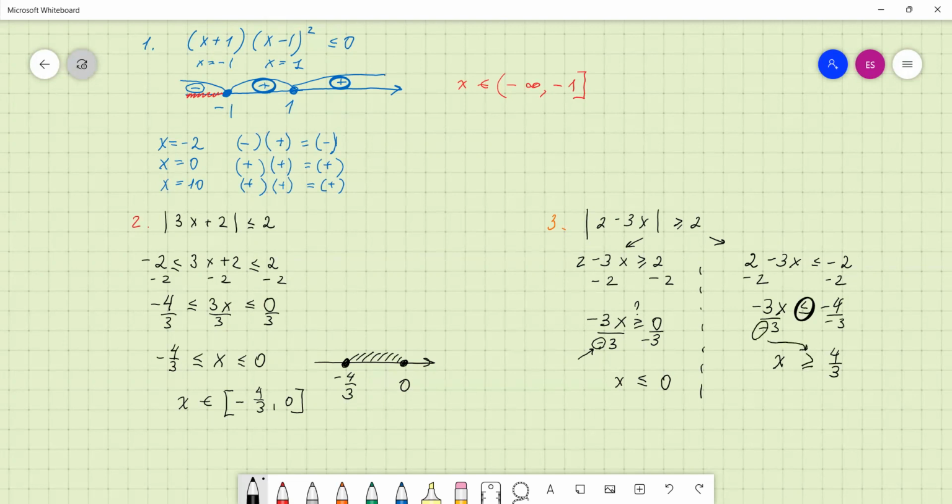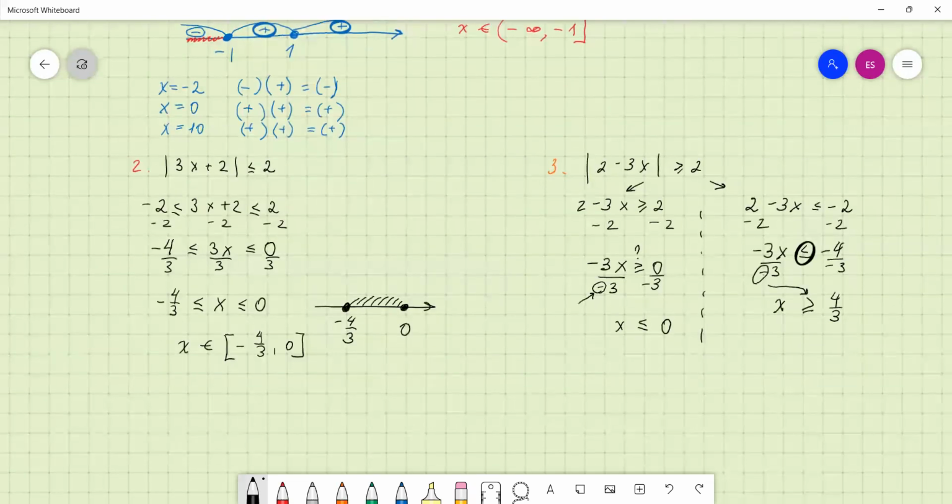Little explanation why. Well, now here I would suggest you draw a number line. It's just going to be much easier to understand the intervals. So I'm going to start with 0 here and 4 over 3 here. And both of them are dark circles because we do have an equal sign, right? And less than 0 is going to be over here to the left of 0, and to the right of 4 over 3 is going to be over here.